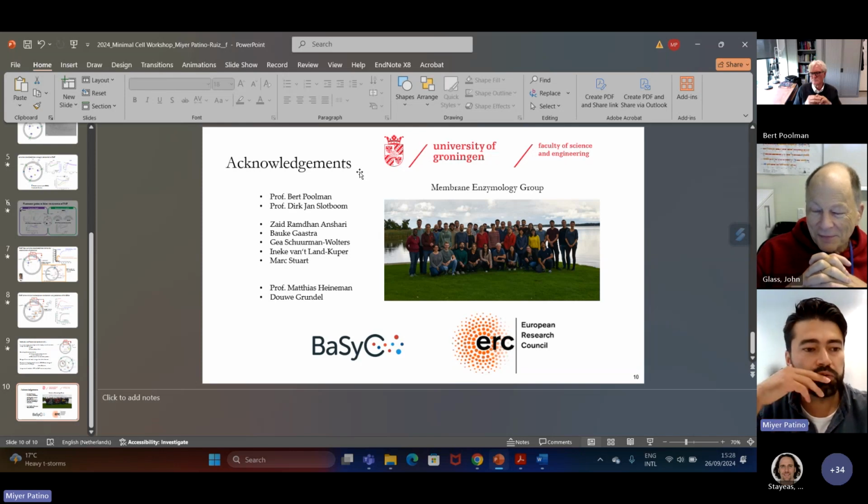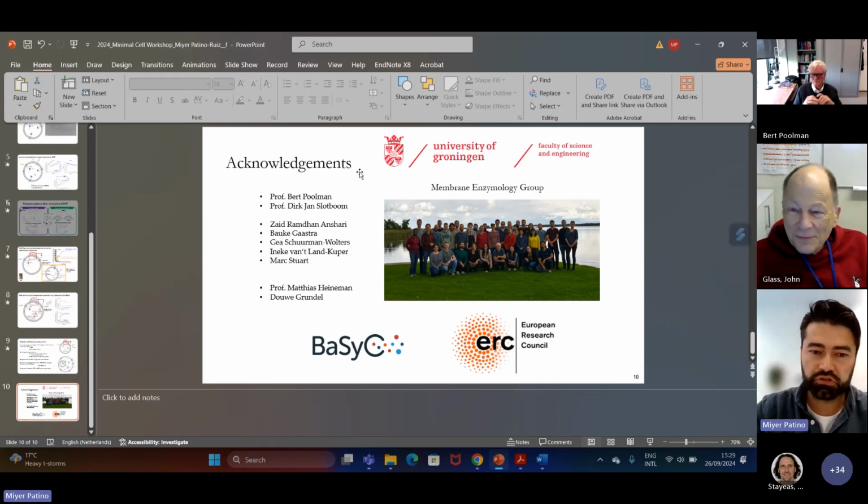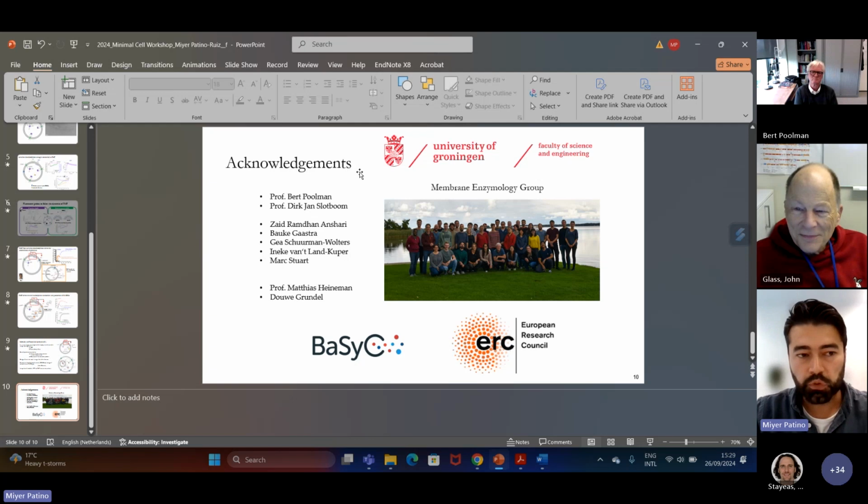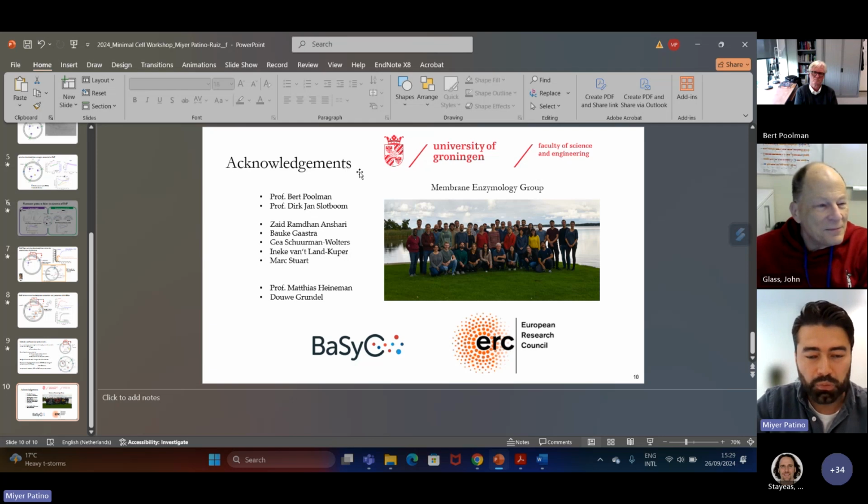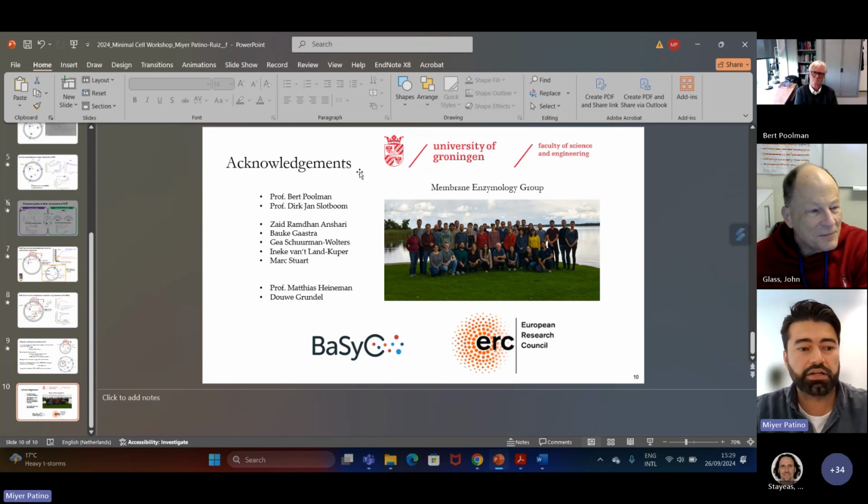But if we want to generate something more autonomous and more closely resembling living cells, we need to start to incorporate more complicated things like active transporters, for example. Active transporters are relatively simple proteins, but they're complicated in the sense that they need energy.